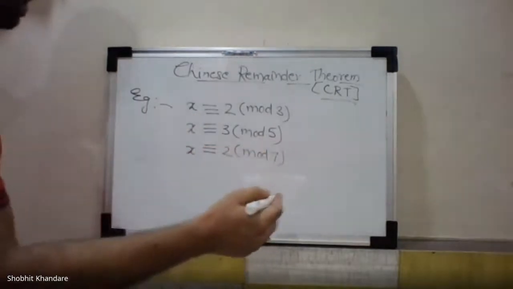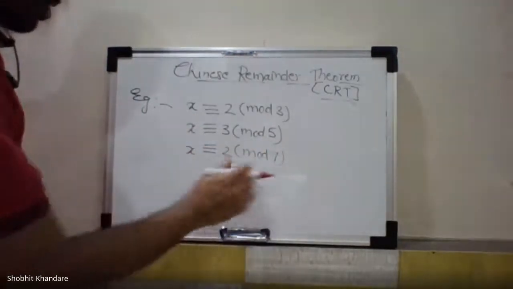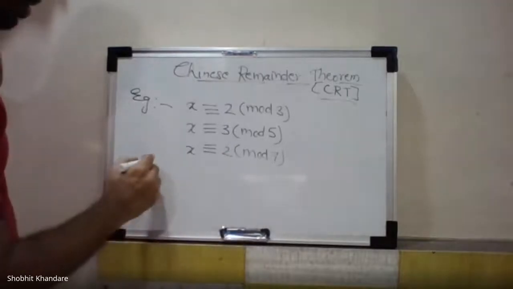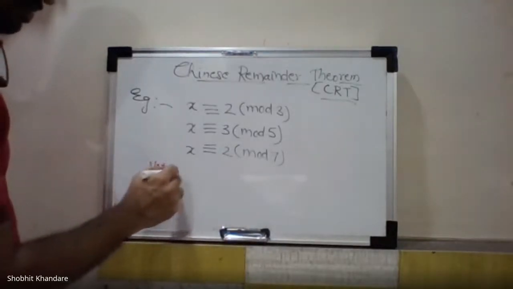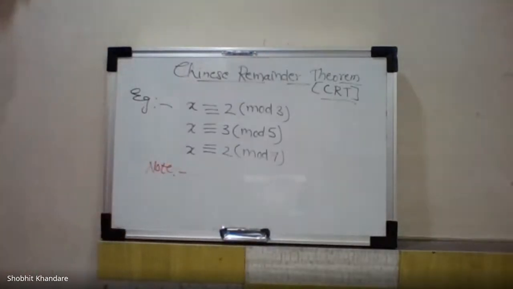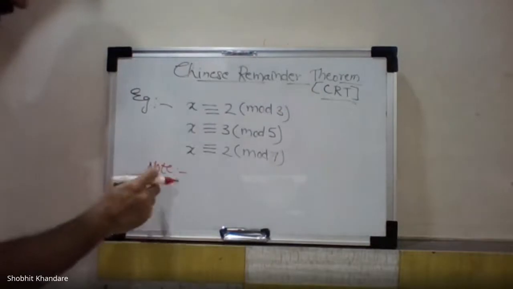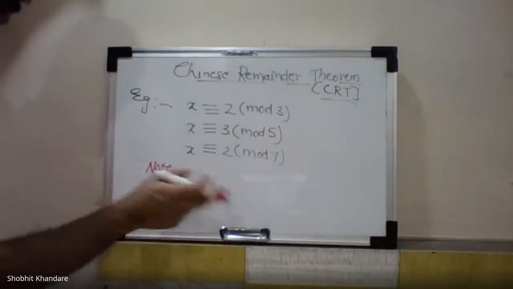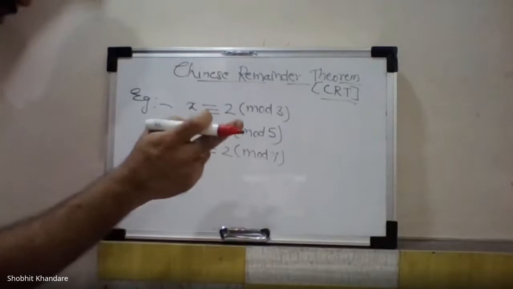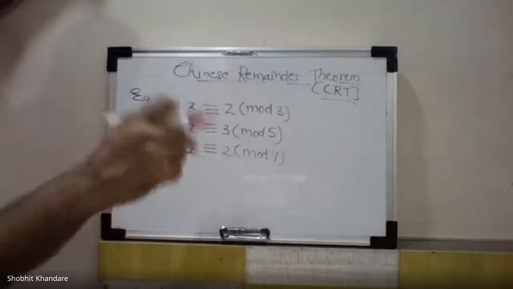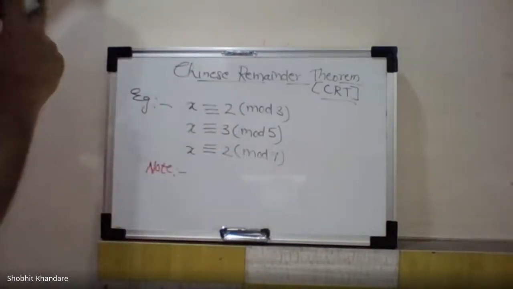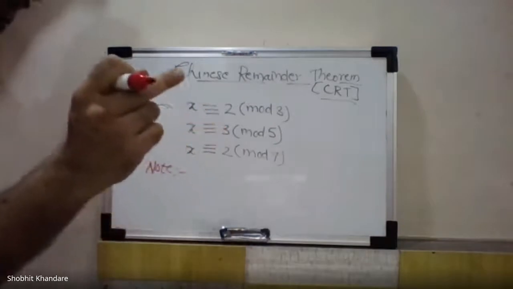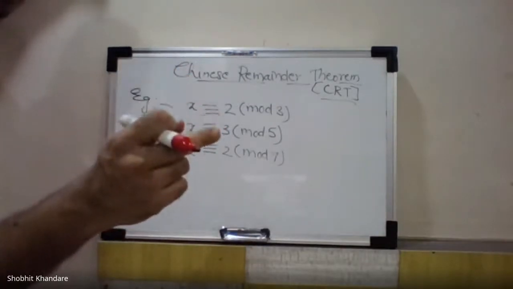Somewhere just write down a note, below this. Now this note you will be writing with respect to the RSA algorithm. In the RSA algorithm, we had to find the value of d, that is the private key.